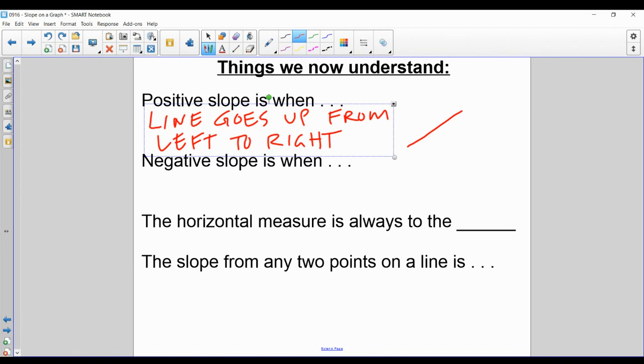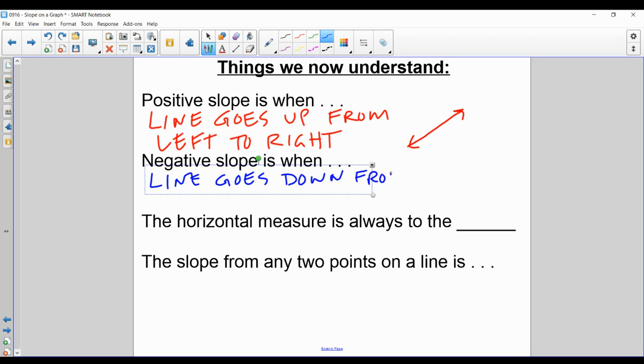So that's like that. Negative slope is when the line goes down from left to right. So that's looking like that.